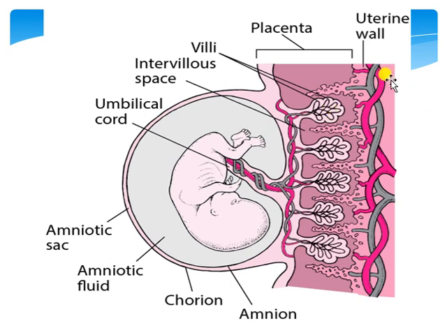This is the uterine wall, and from there also the blood vessels have come and produced the umbilical cord-like structure. This is the umbilical cord, through which oxygen and nutrients are supplied to the embryo body, and carbon dioxide and excretory material are supplied from the embryo to the maternal body. So this is overall the structure of the placenta.